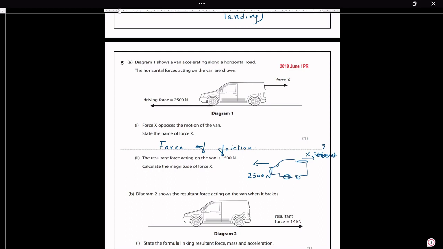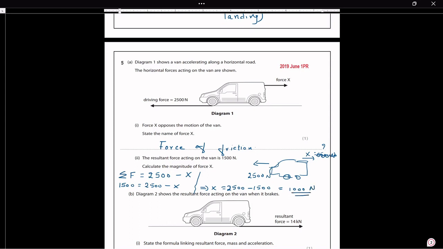We know that the resultant force, I'm going to write it as sigma F. The two forces are acting in the opposite direction, so it is 2500 minus X. And the resultant force is given as 1500, which is 2500 minus X. So X is 2500 minus 1500, which gives an answer of 1000 Newton.